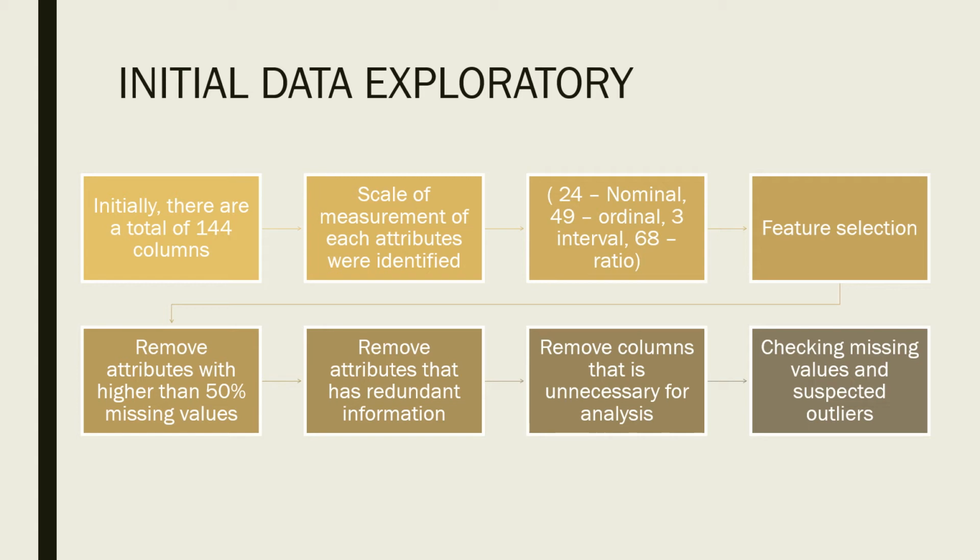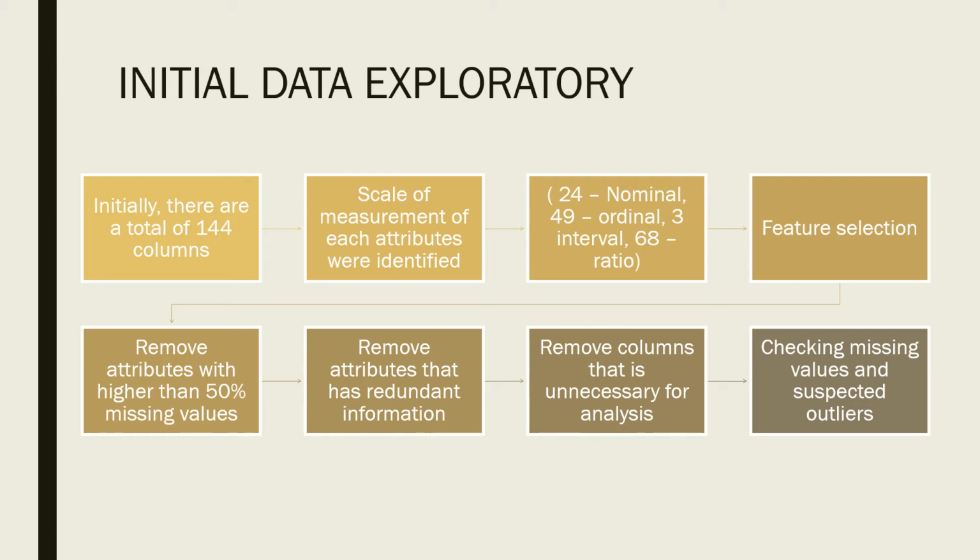And then feature selection is being done based on attributes characteristics. So first, in order to reduce the columns, the attributes with higher than 50% missing values is taken out, and then followed by attributes that has redundant information and columns that is unnecessary for analysis.